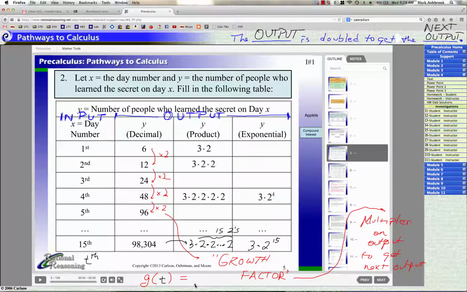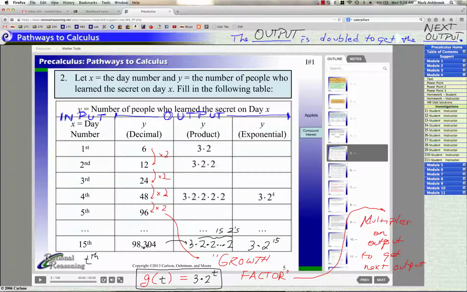If we go t days, 3 times 2 to the t. And what does 2 to the t represent?